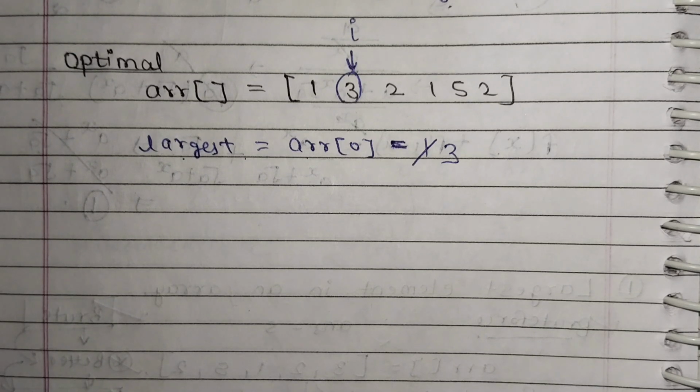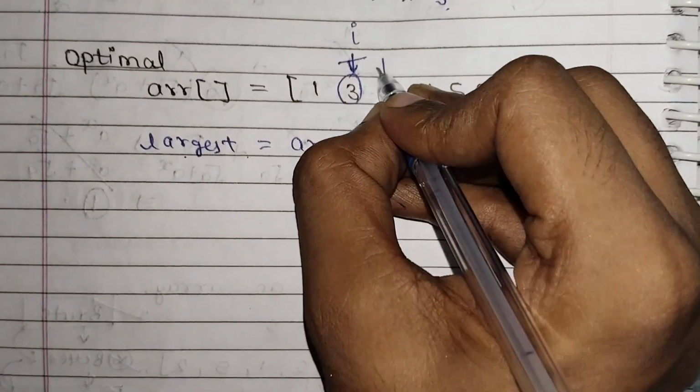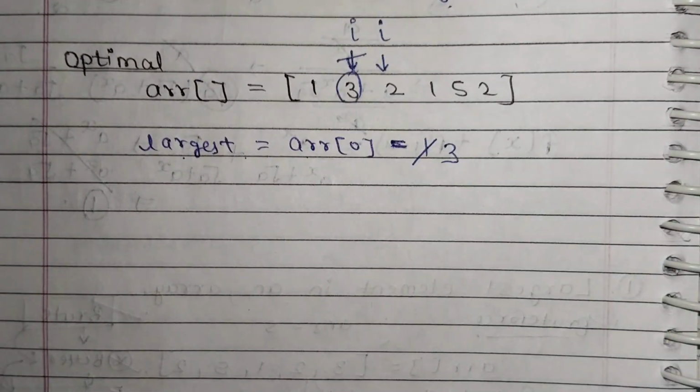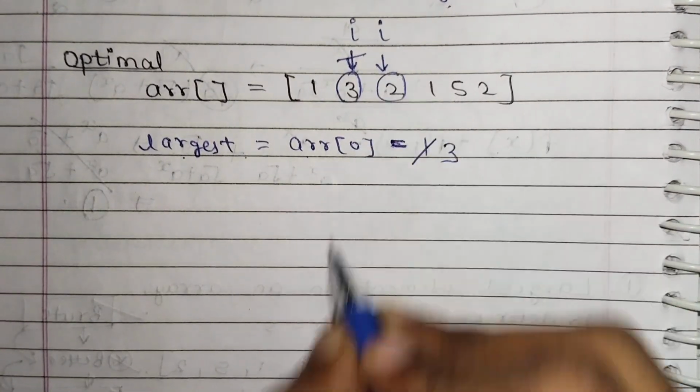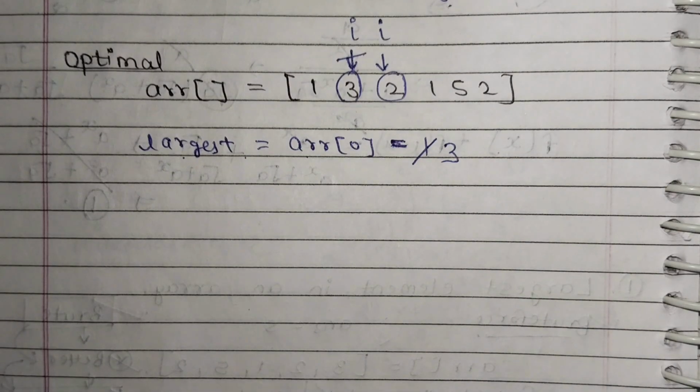We move the iteration further. So i is equal to 2, and here the element is 2. We compare this arr of i with largest. Are you greater than largest? It says no, I am smaller than largest.